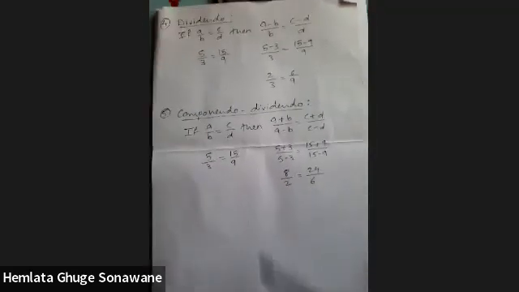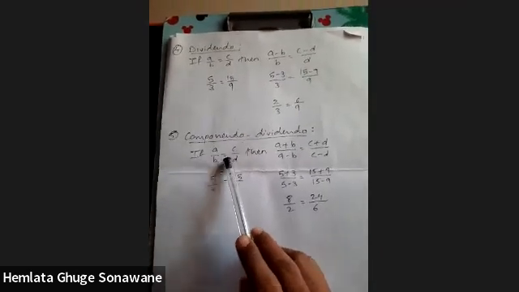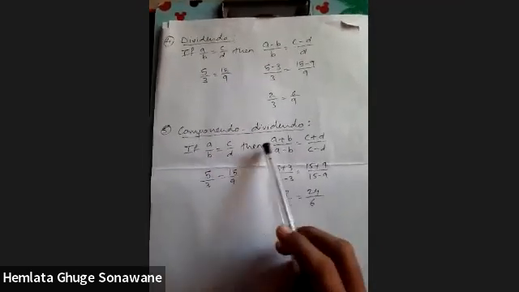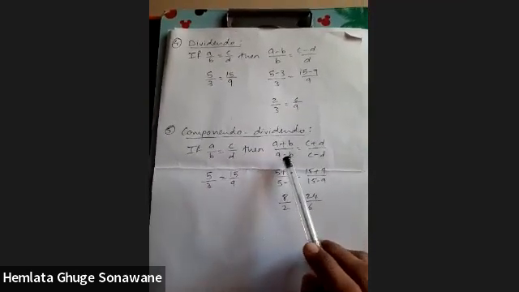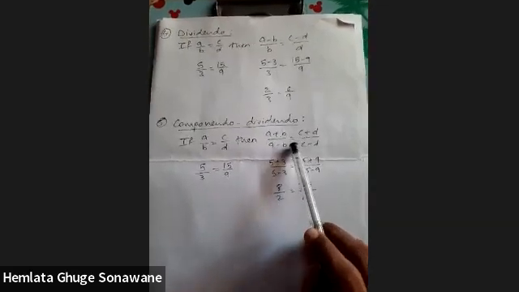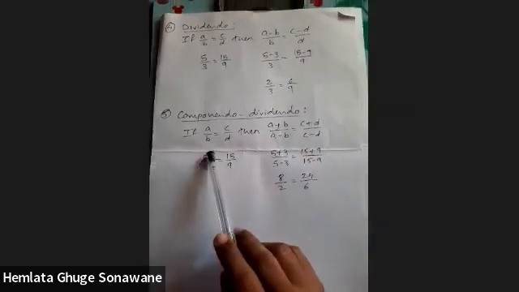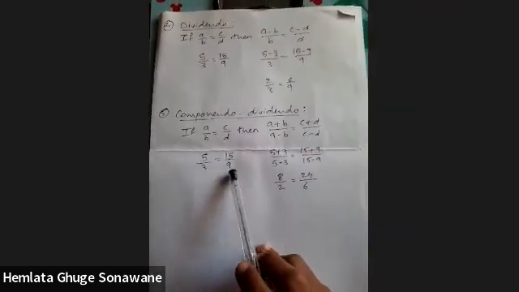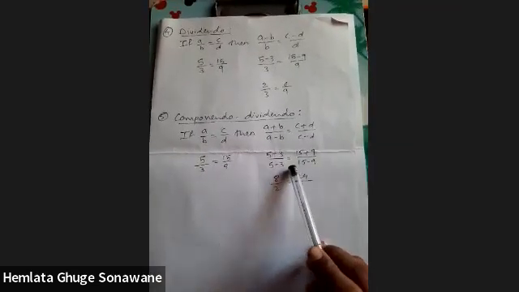Next is componendo dividendo. We'll apply together. If A upon B is equal to C upon D, then componendo we have added, and for dividendo we have subtracted. So A plus B upon A minus B is equal to C plus D upon C minus D. For example, 5 upon 3 is equal to 15 upon 9. So we'll add here 5 plus 3 and 5 minus 3.